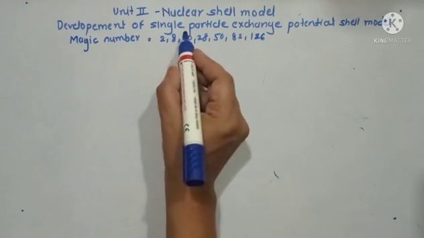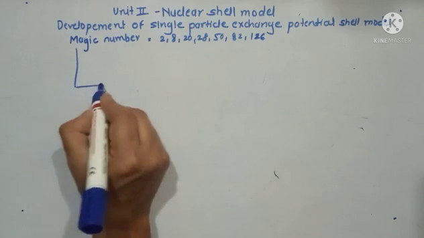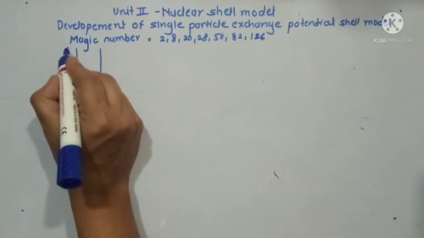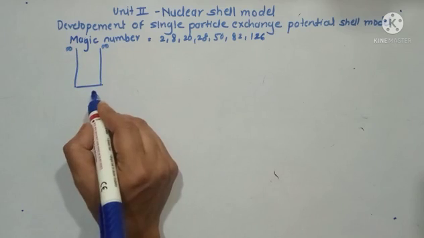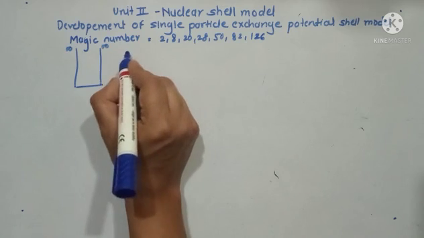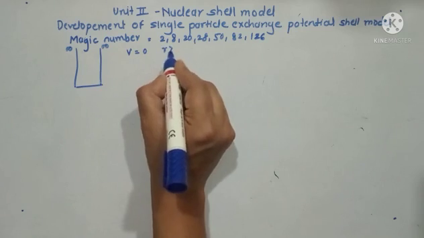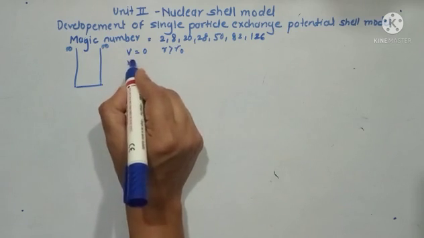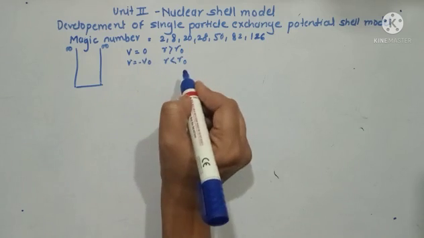For the development of this nuclear shell model, scientists tried the infinite square well potential. So this is infinite, this is infinite. For this infinite square well potential we can write V is equal to 0 for r greater than R naught, and V is equal to minus V naught for r less than R naught.